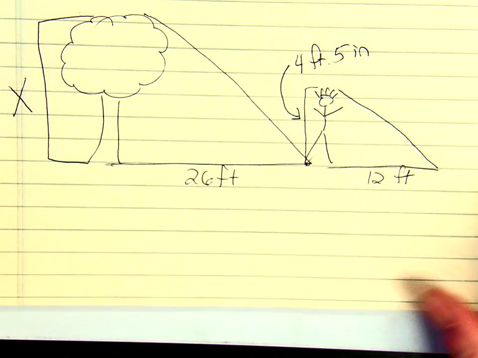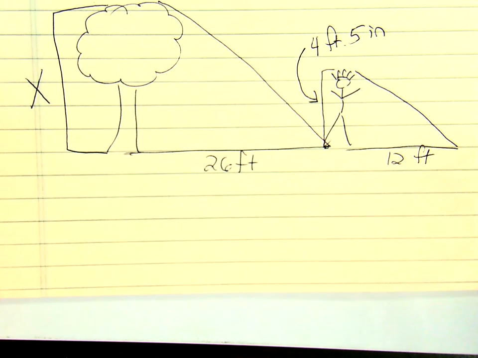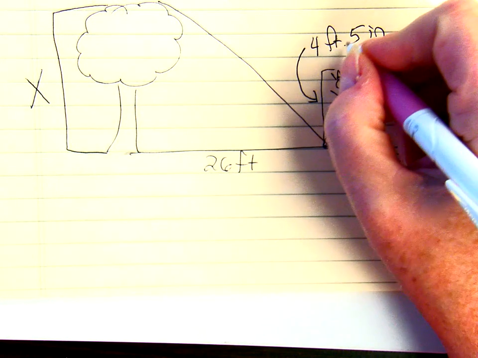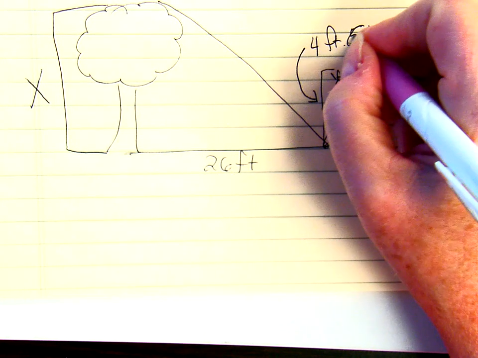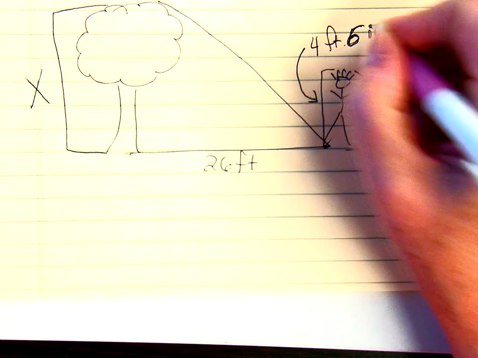So that's X. So quite simply, we are going to set up a proportion. Now, 4 feet 5 inches is kind of unfortunate. Well, actually, they've got 4, it's 4.5. It's not 5 inches, it's more 6 inches because it's 4.5.